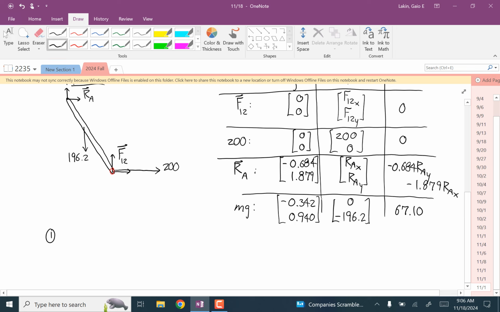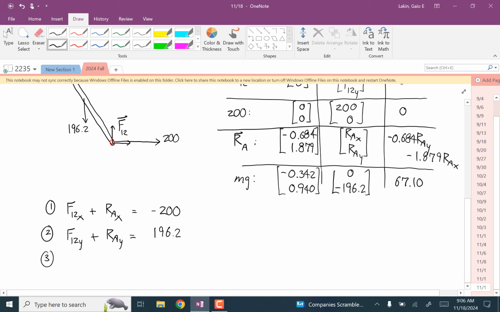So the first 3 equations, first one is F12x plus RAX is equal to negative 200. Second is F12Y plus RAY is equal to positive 196.2.